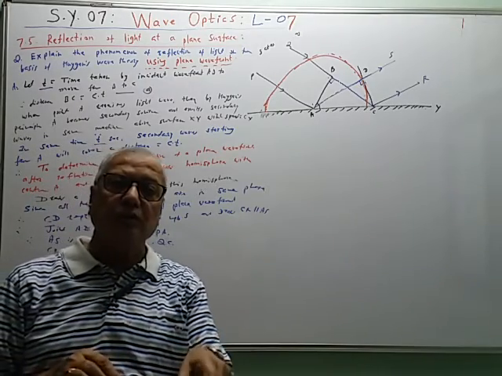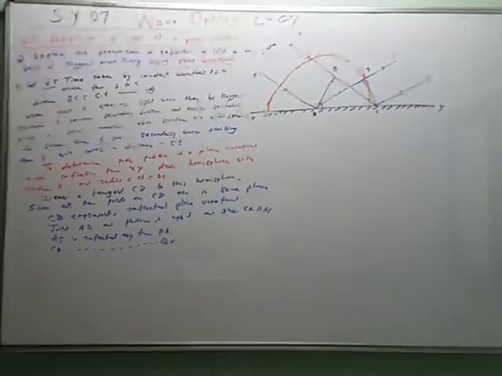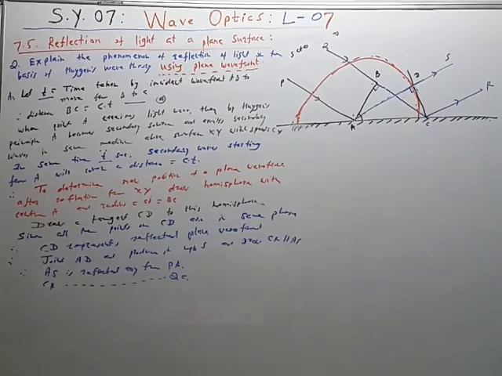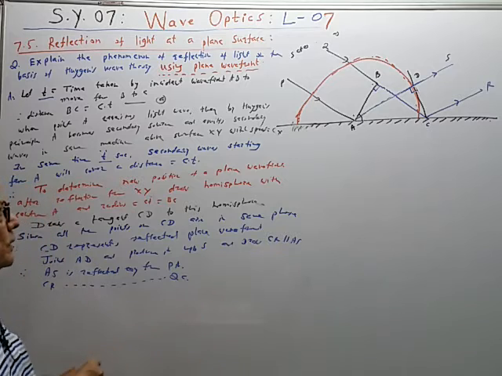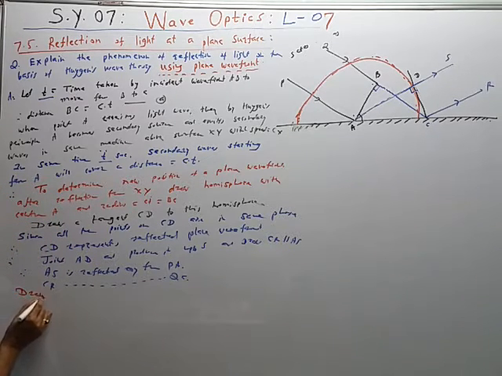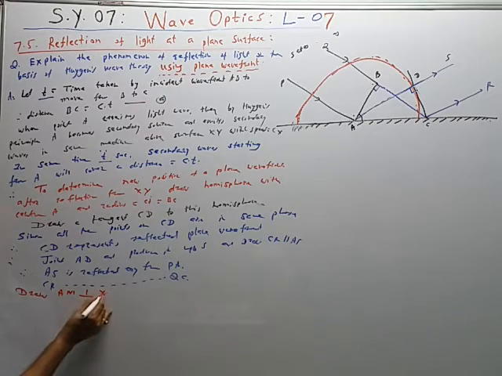Now what to prove? I is equal to R, using Huygens principle. Now to prove I is equal to R, we are adding this geometry. Draw AM perpendicular to XY.